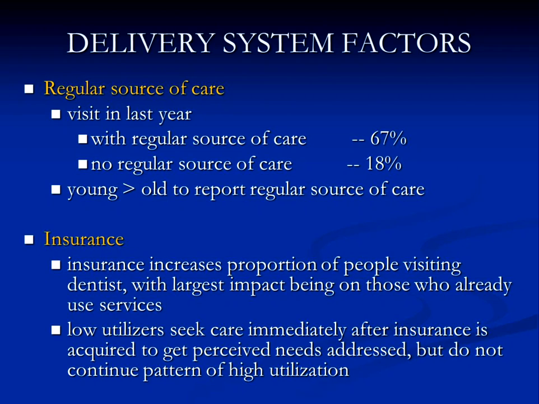What we know is that insurance obviously decreases the cost barriers of the individual to obtain dental care. So especially if it's an employer that is giving you dental insurance and you don't have to pay for it out of pocket, insurance actually increases the proportion of people going to the dentist.